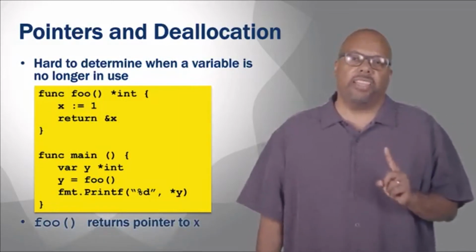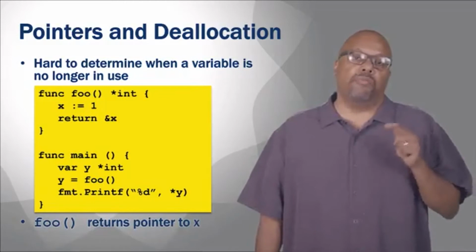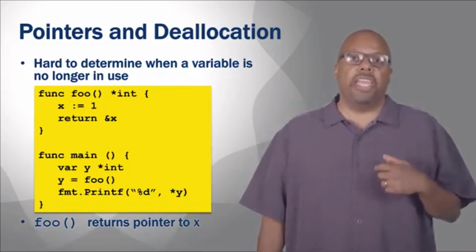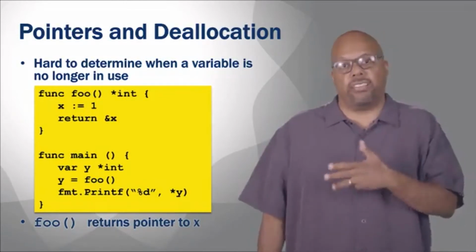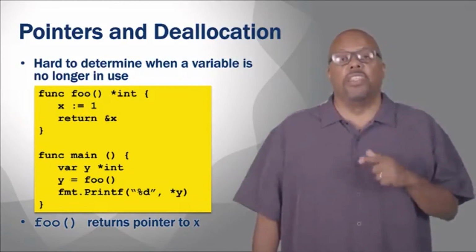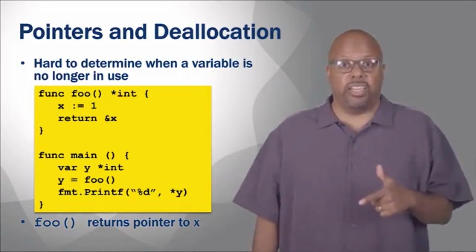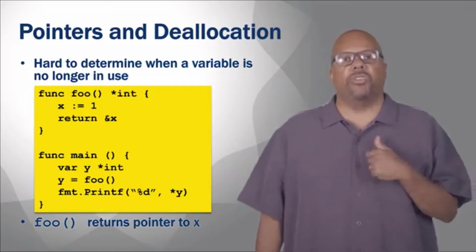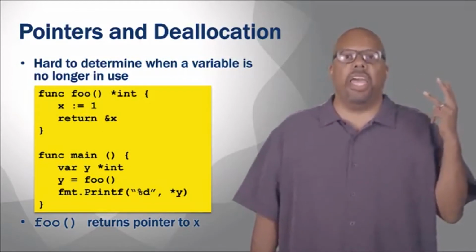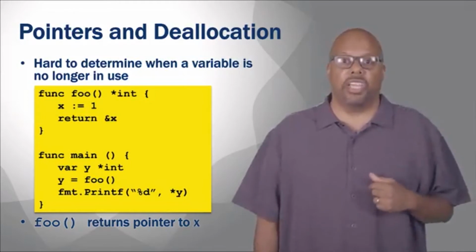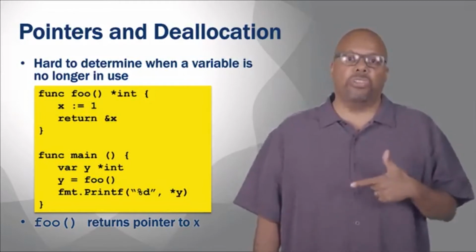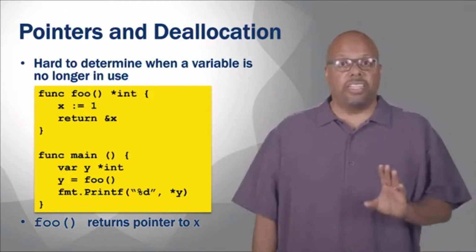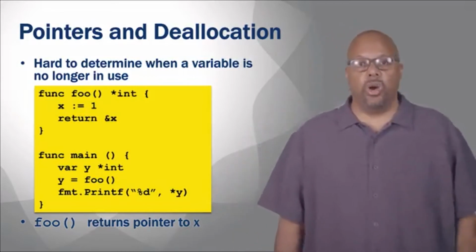But in this case, it's not the case because it's returning a pointer to x. Since main now has that pointer to x, it might still use that pointer. So you can't just say, oh, well, foo is now done, I can get rid of its local variable x, because maybe main is going to use that local variable because now main has a pointer to it, okay? So this is actually a legal thing to do in Go.